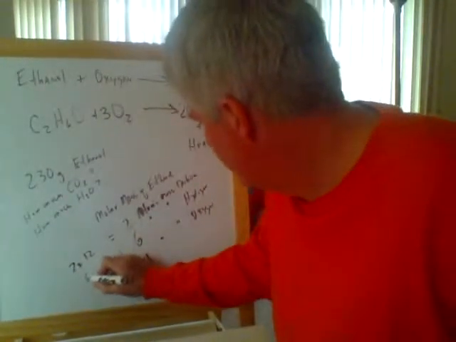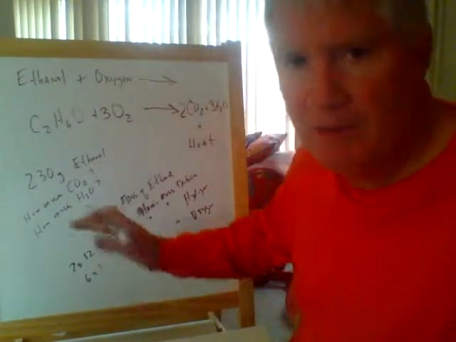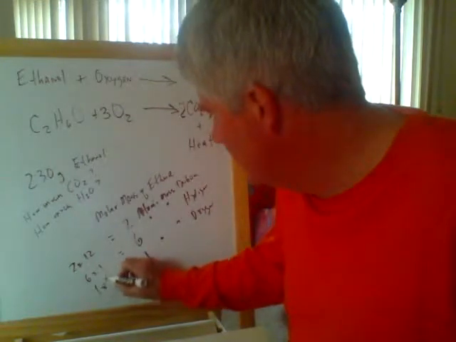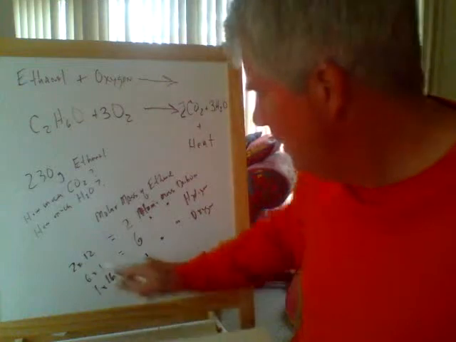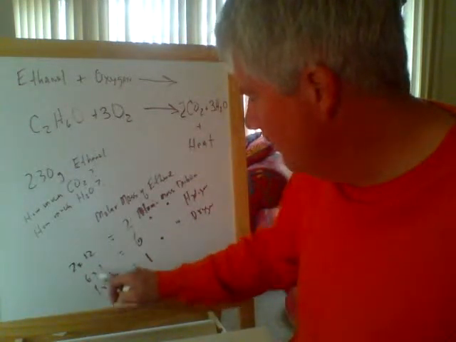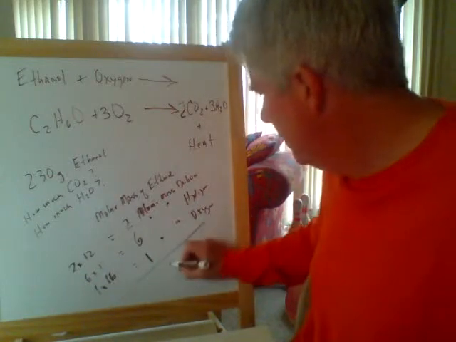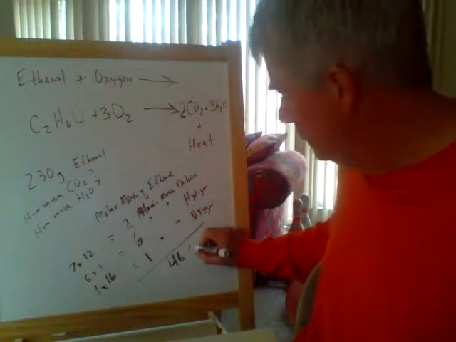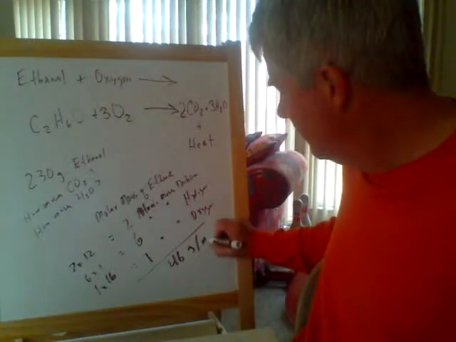And this becomes 6 times 1. Again, I'm leaving off the decimal points. And this becomes 1 times 16. When you add all these up, that's 24 plus 16 is 40 plus 6 is 46. So the molecular mass of ethanol is 46 grams per mole.